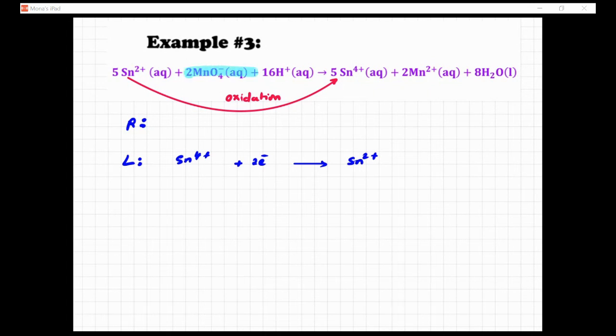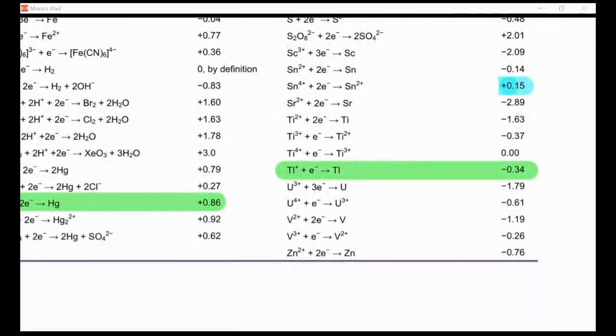Everything else that we have here, the remaining that we have in the reaction, should be representing the reduction. So it means I have to go to the table and find the reduction half reaction which involves these species. So if I go to the potential table here, I will clear everything that I have, right?